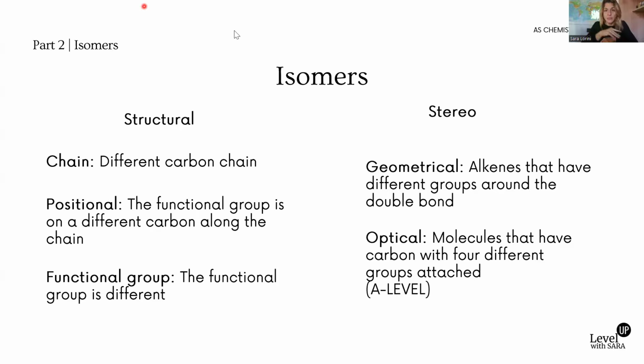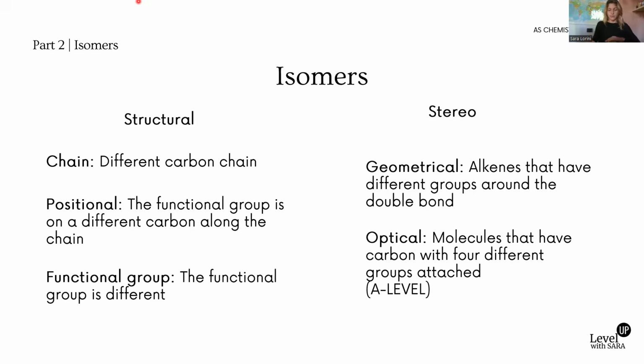So we're going to look at some examples, because also in year 13, this is an easy one to forget. Then geometrical isomers. Alkenes have different groups around the double bond. You have to remember this, because when you have, for example, one of these open questions where you have to work out the structures, like even in NMR questions, if you have a geometrical isomer, it should click straight away that it's an alkene.